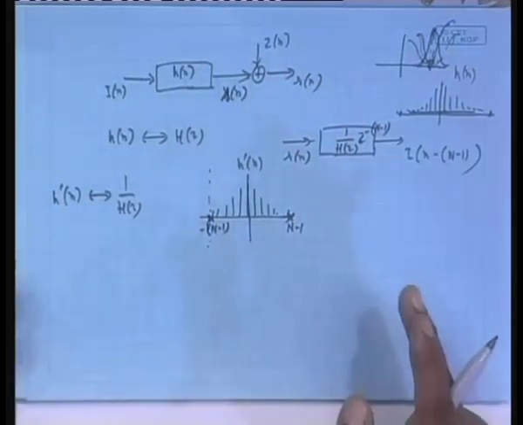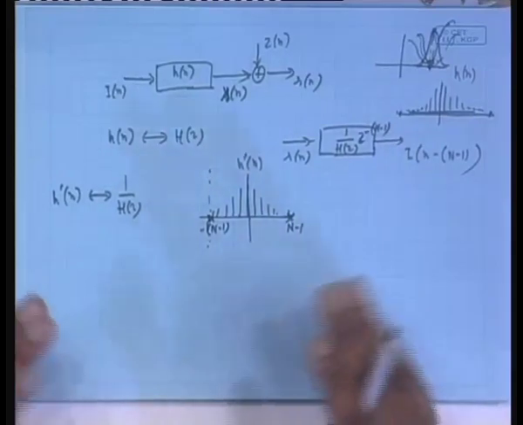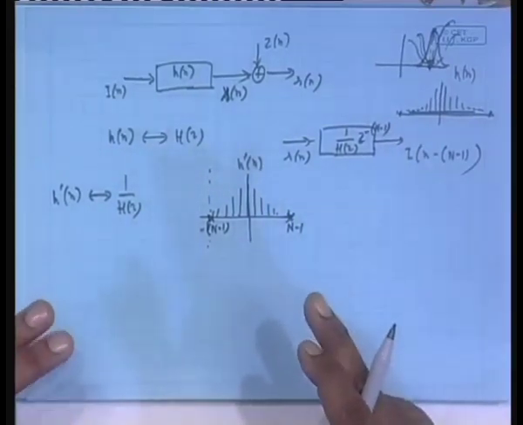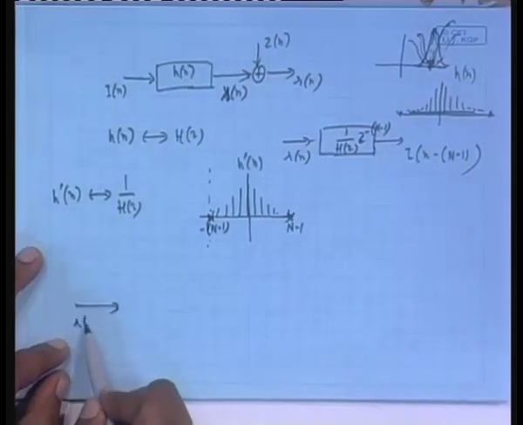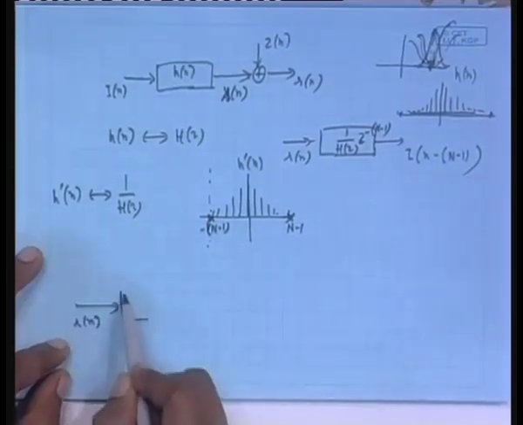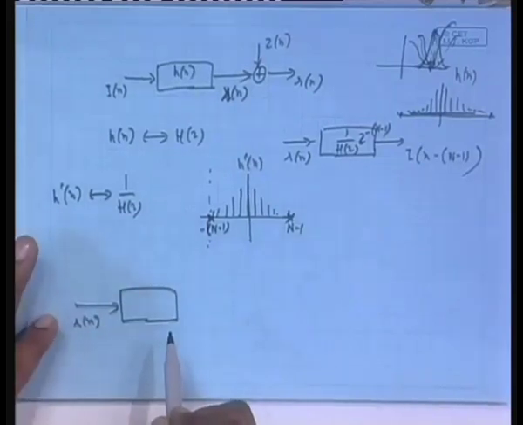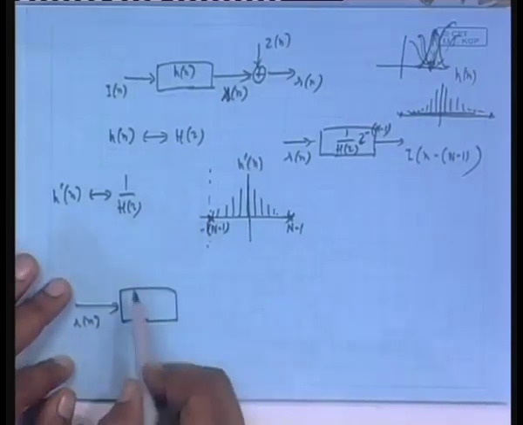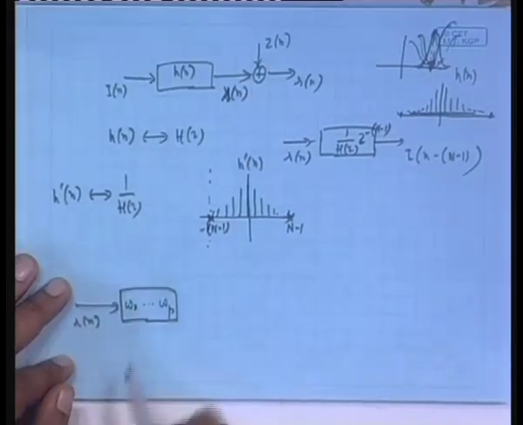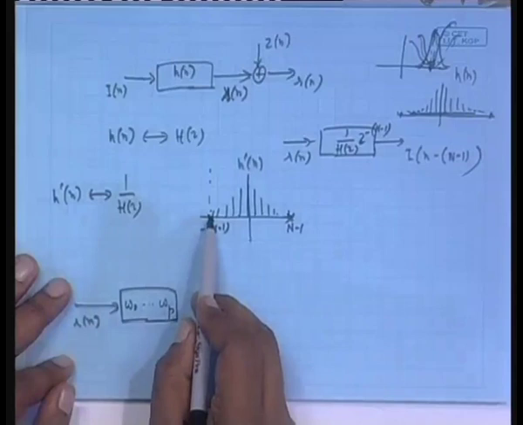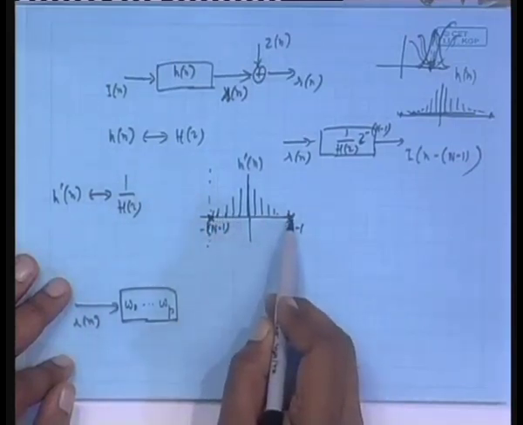That means I have to try adaptive means, which will learn from the incoming data about the channel impulse response and adjust itself. So, what I will do is pass this Rn through an appropriate FIR filter of coefficients W0 dot dot dot Wp. W0 will be for this, W1 for this, W2 for this, dot dot dot Wp for here.